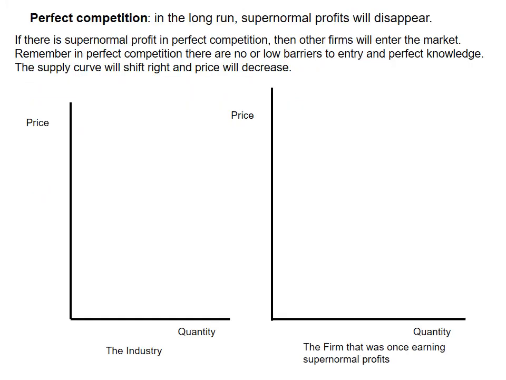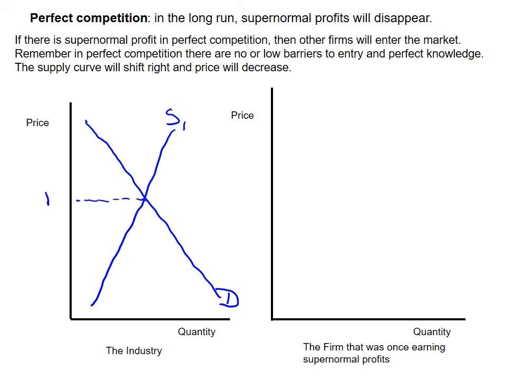We're going to draw two graphs here. Okay, so perfect competition in the long run. So let's say we had supernormal profits. Okay, so let's first draw a supply and demand curve. So demand and S1, and here's the P1 where there were supernormal profits.